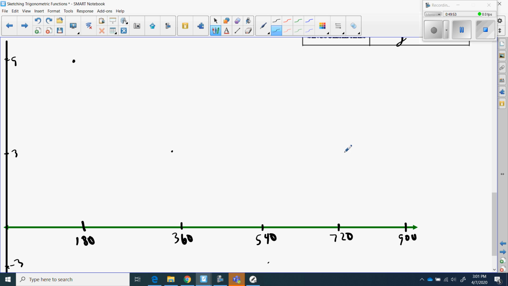There. 720 was back up at 3. 900 was up here at 9. So there's your 5 dots. Now notice I didn't use a compression symbol because this is pretty close to the same width as these, so I don't have to use that. And each one of these blocks is 180, or 180 back to there would be at 0, so it's all good.